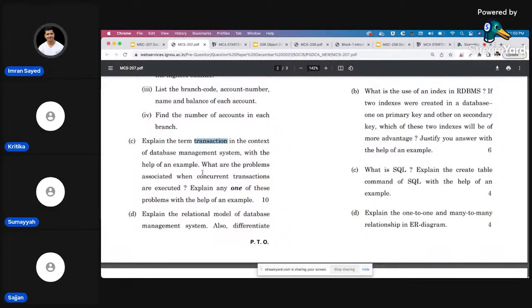We read that there could be scenarios where two transactions are trying to update the same record. That's called concurrent transactions. We discussed there are problems like lost updates, as well as issues like the analysis problem. So quite a few problems that we get when two transactions are trying to update the same data.